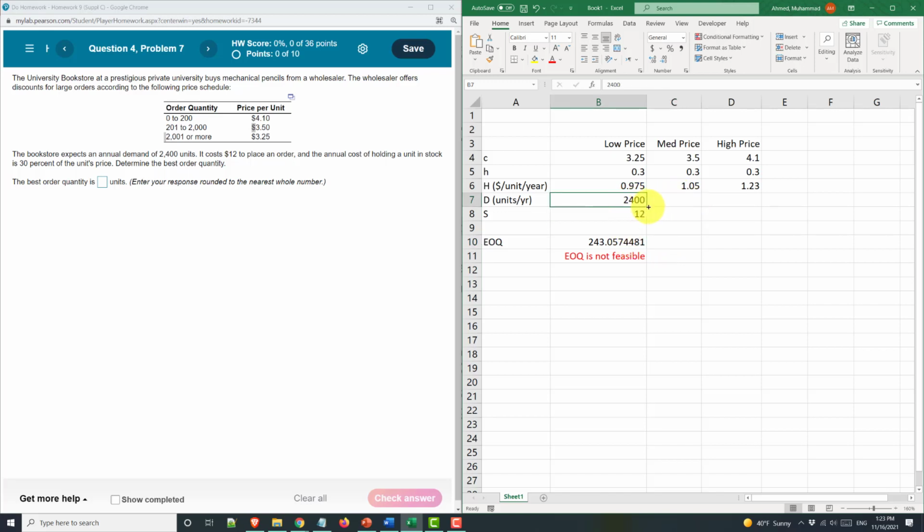So first I'm going to copy over all of these things, just repeat them, and then I can drag the EOQ formula and get EOQ for all of these options. Okay, now we got 234 as the EOQ for the medium price. Is that feasible? Yes, if you call up the wholesaler and say you want to order 234 pencils, the wholesaler will give you a price of 3.5, which is also the price we use to calculate this EOQ. So this is feasible.